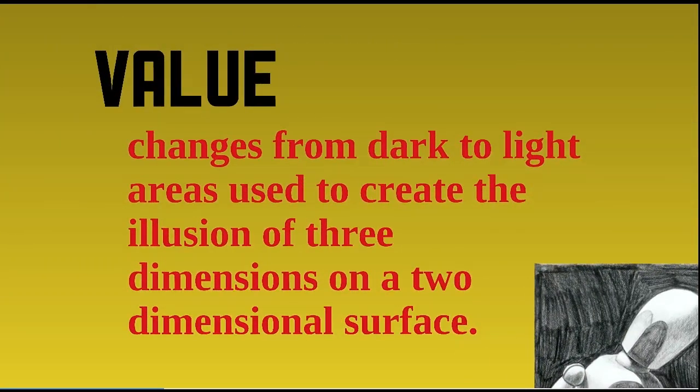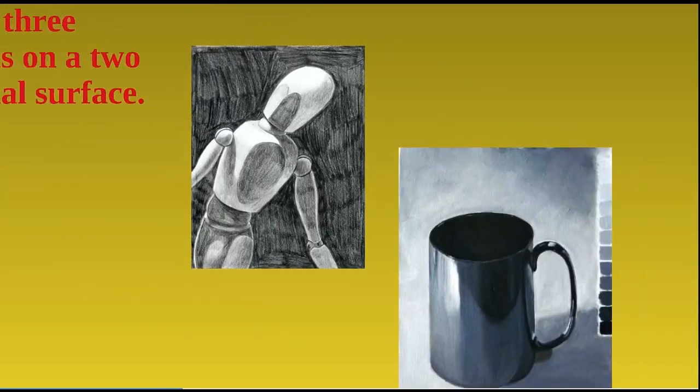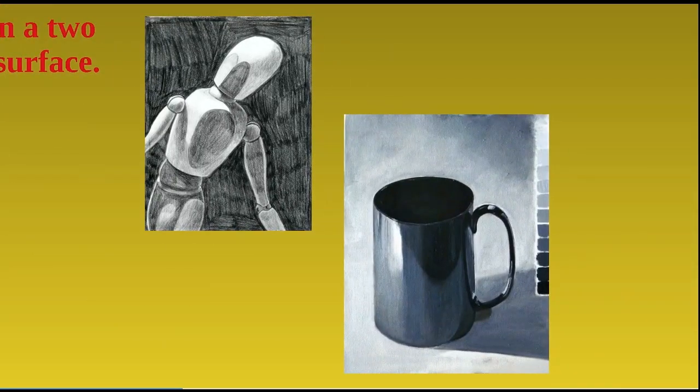Let's continue. Value. The value is the one that changes from dark to light. Areas used to create the illusion of three dimensions on a two-dimensional surface, like this drawing or painting. It is only two-dimensional, but it looks three-dimensional because of the use of the value.